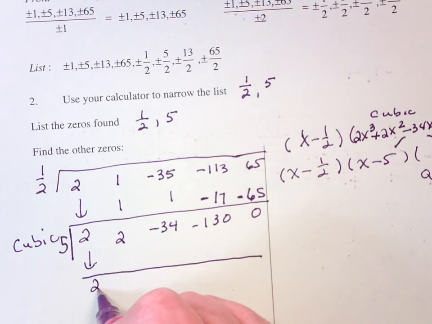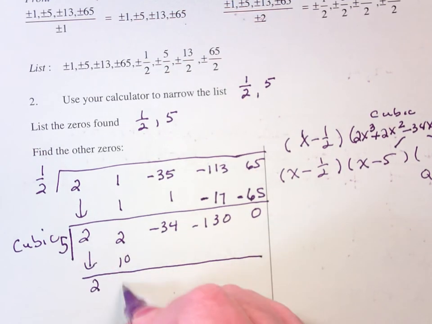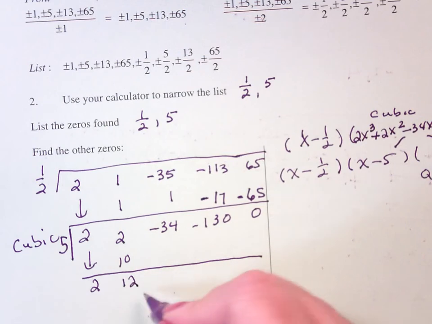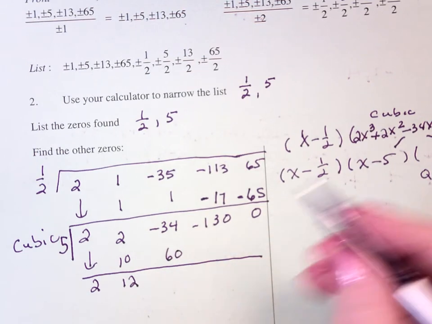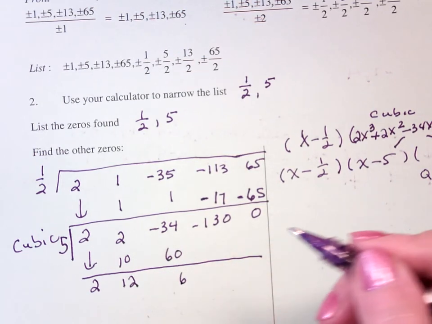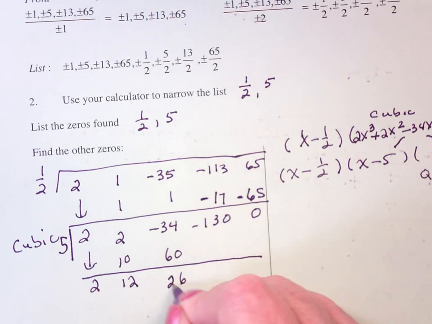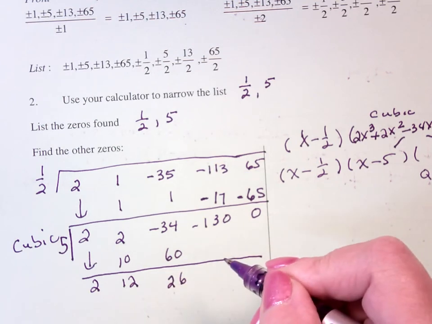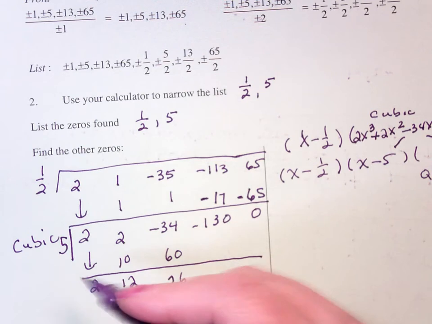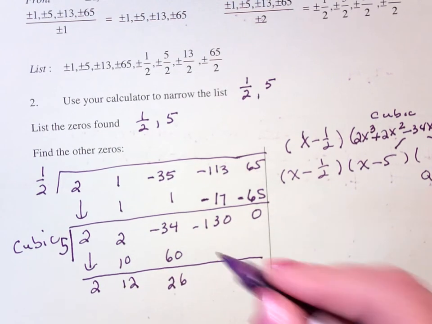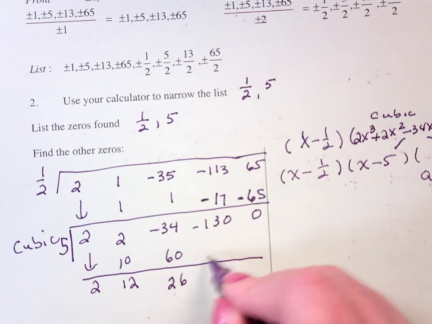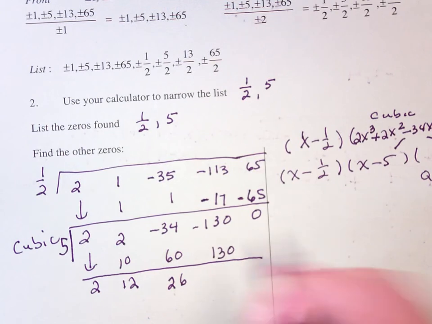Bring down the 2. 5 times 2 is 10, and add. 5 times 12 is 60, and add. 5 times 26 is 130, and add.